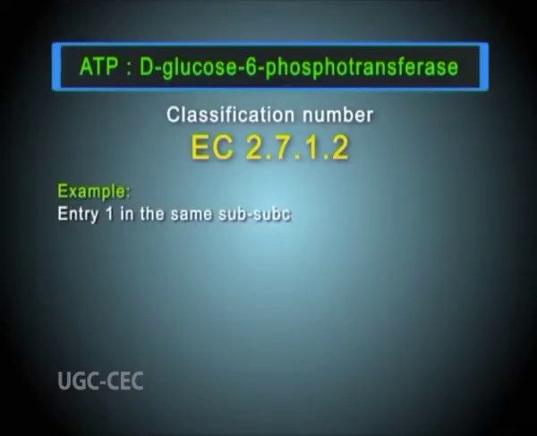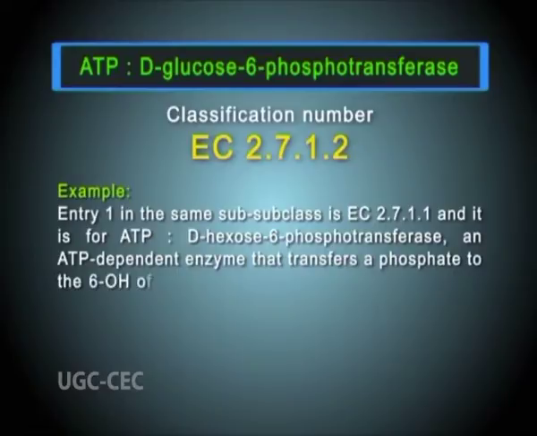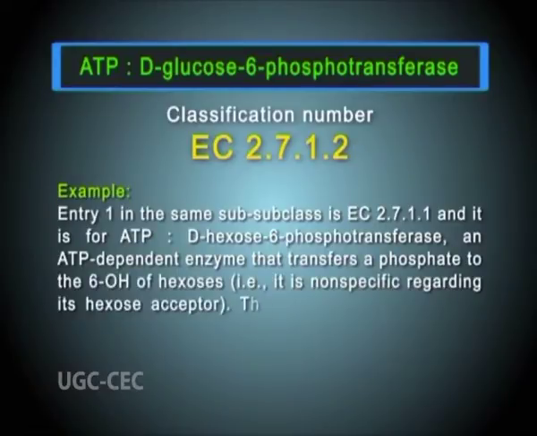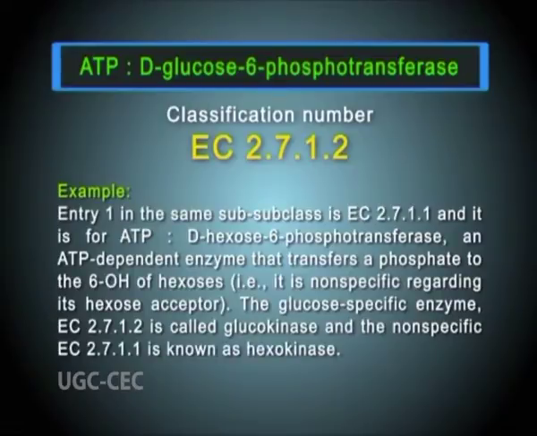For example, entry 1 in the same subclass is EC 2.7.1.1, and it is for ATP:D-hexose 6-phosphotransferase, an ATP-dependent enzyme that transfers a phosphate to the 6-OH of hexose.